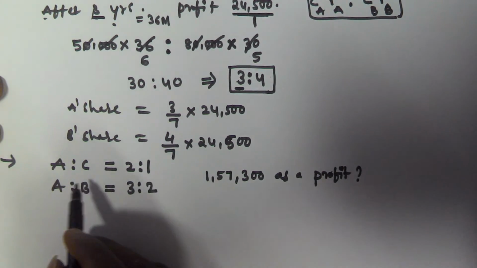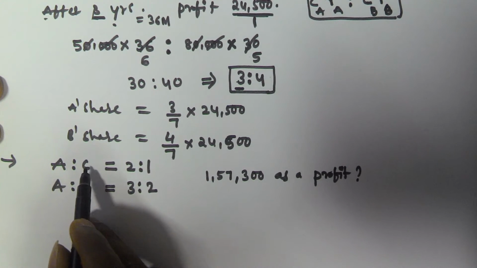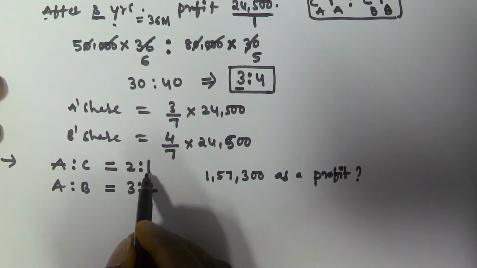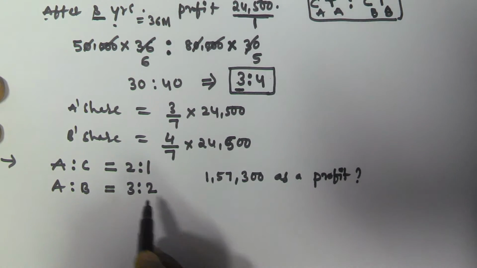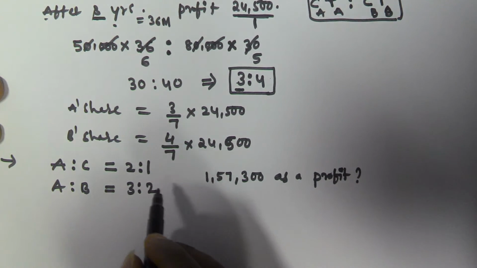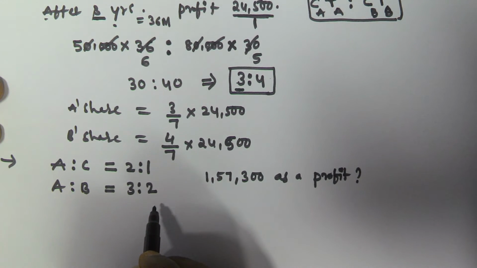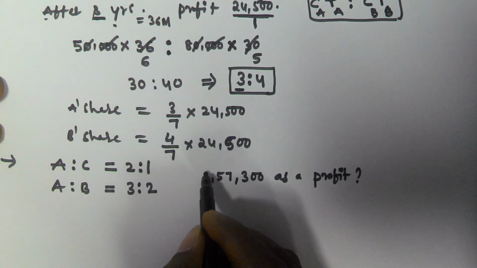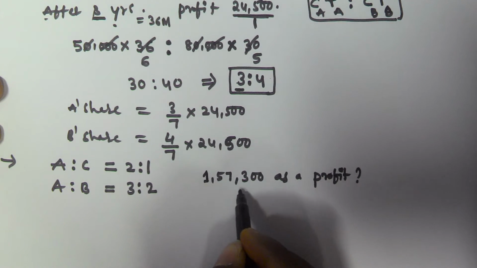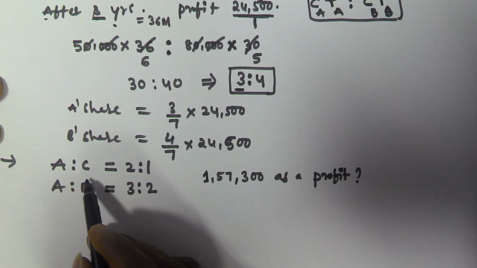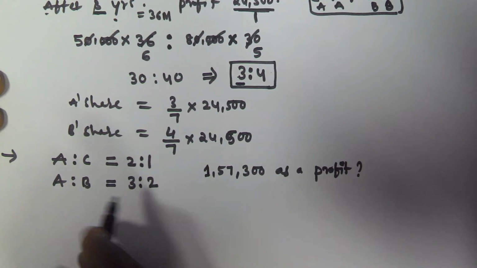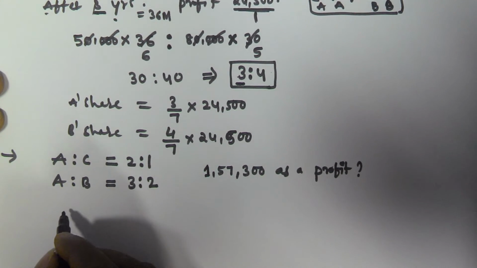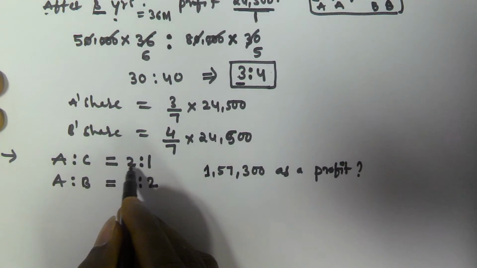So the question is like this: A and C invested the amount in the ratio 2 ratio 1, and A and B invested the amount in the ratio 3 is to 2 in the business. All three of them invested for the same amount of time. At the end of the business, if they got 1,57,300 as a profit, then we have to find the shares of A, B, and C in this profit. Suppose A ratio C is 2 ratio 1.